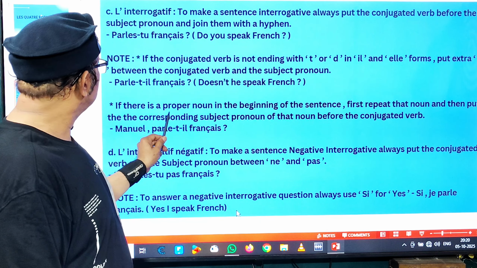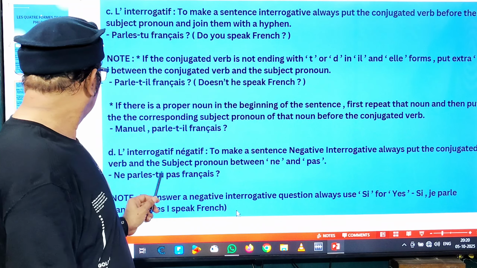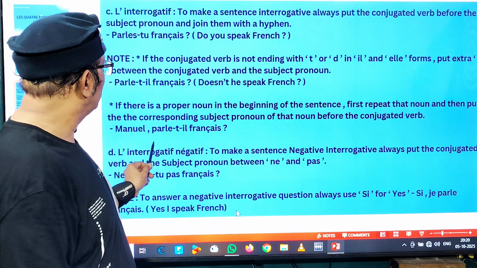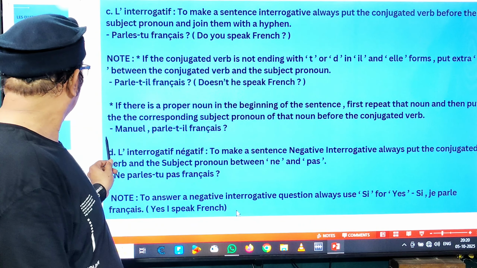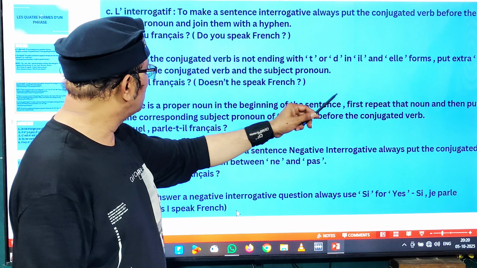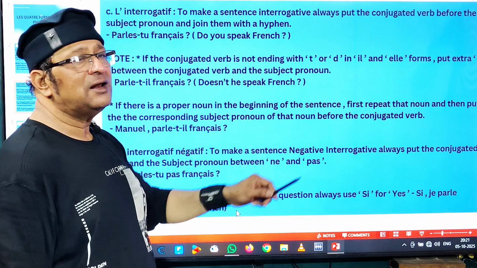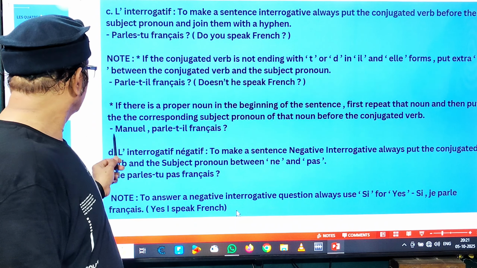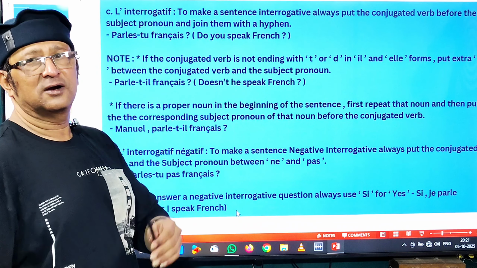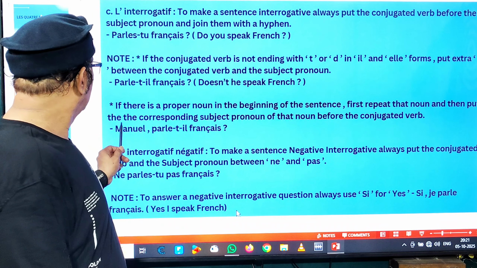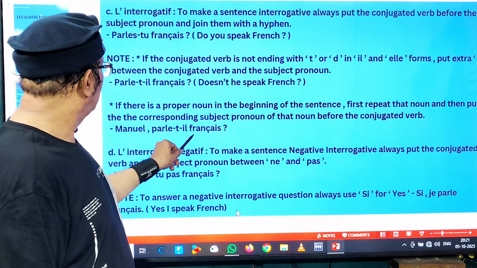Again, if there is a proper noun at the beginning of a sentence, like Manuel, what do you have to do? First, repeat that noun, Manuel, and then find the corresponding subject pronoun of that noun. If you are going to say, Manuel, does he speak French? The corresponding subject pronoun of Manuel will be il.